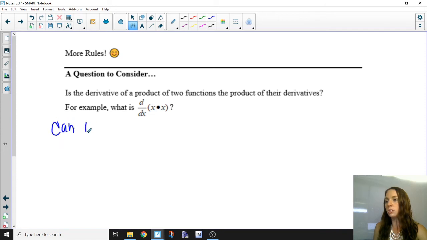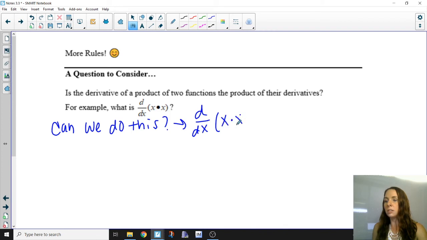Let's pose it as a question like this. Can we do this? The derivative of x times x, we could leave it as this product, and we could say is equal to the derivative of the first x times the derivative of the second x.